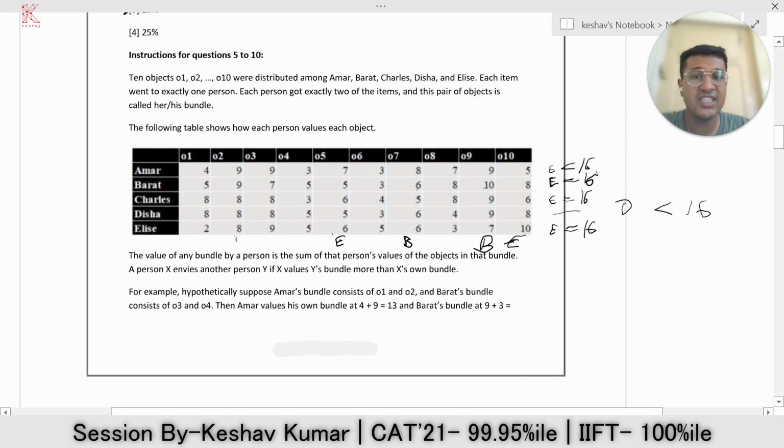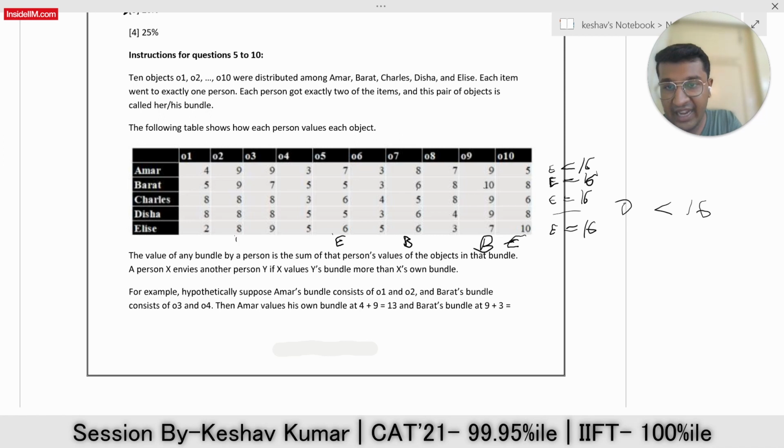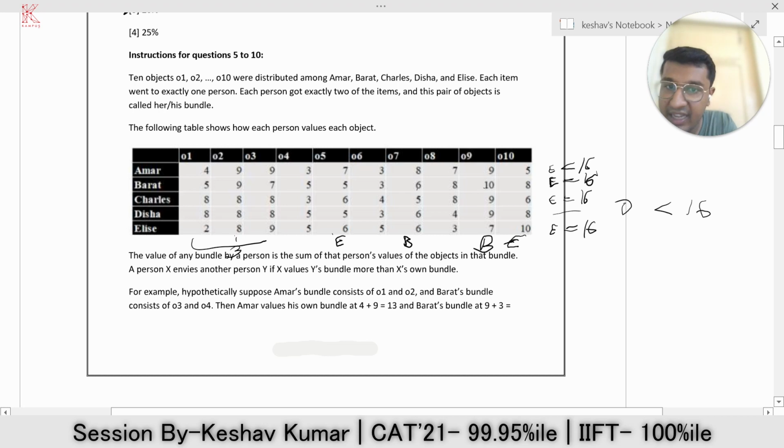And how can Charles make this value equal to 16? The only option with him is that he picks two bundles which give him 8 value, right? And remember, O1 to O3 went to 3 different people, as was given in the fact. So Charles will get one of these O1 till O3, and the other bundle must be O8 because that's the only bundle left.